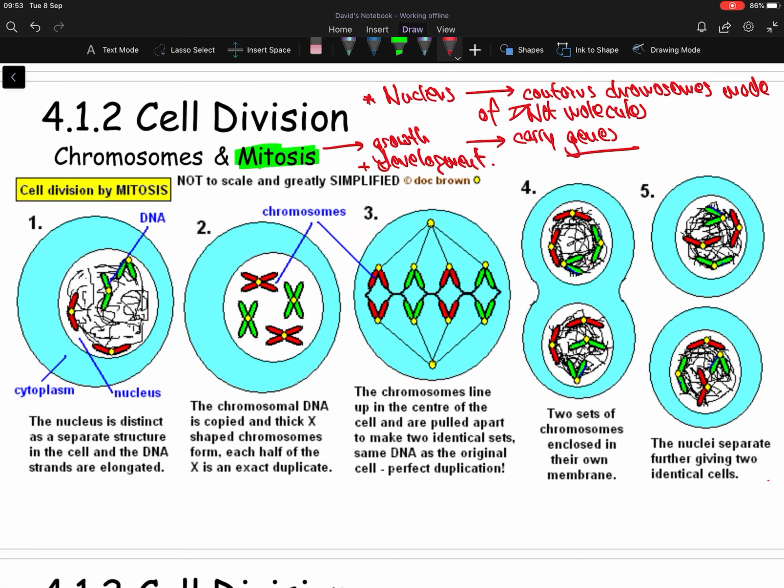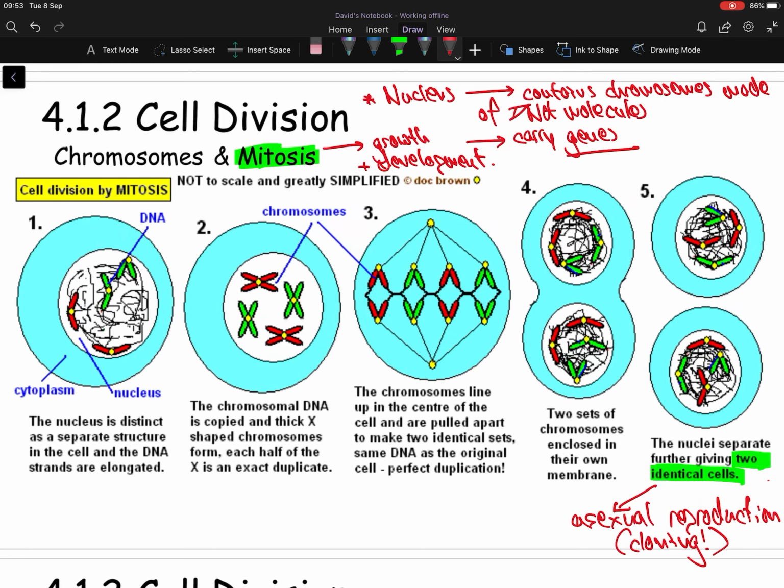Now, the end product of mitosis is that you are producing two identical cells, okay? So it's a form of asexual reproduction, or it's almost cloning. So a cell is producing a clone of itself.